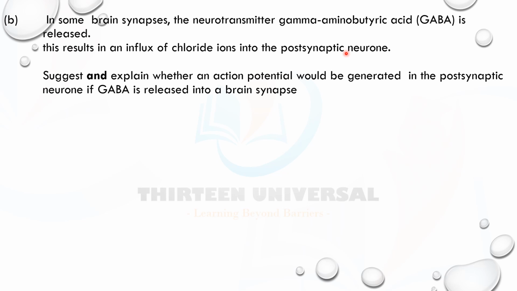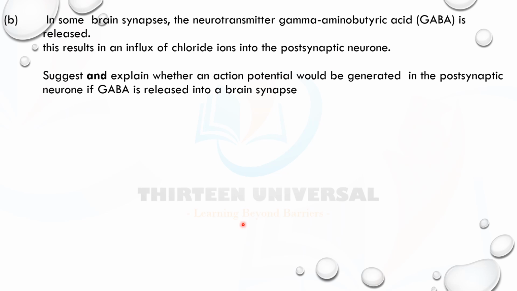But because chloride ion is negative, it will cause the postsynaptic neuron to become hyperpolarized, or become negatively charged. And once it is polarized, sodium ions are not diffusing inside. Because they are not diffusing inside, an action potential cannot be initiated. It is initiated when a positive ion, sodium ion, moves inside.